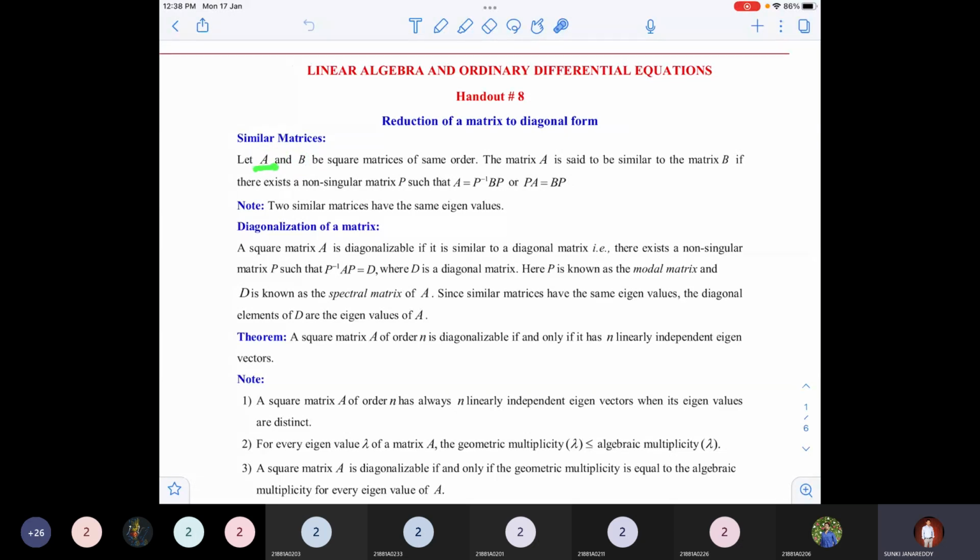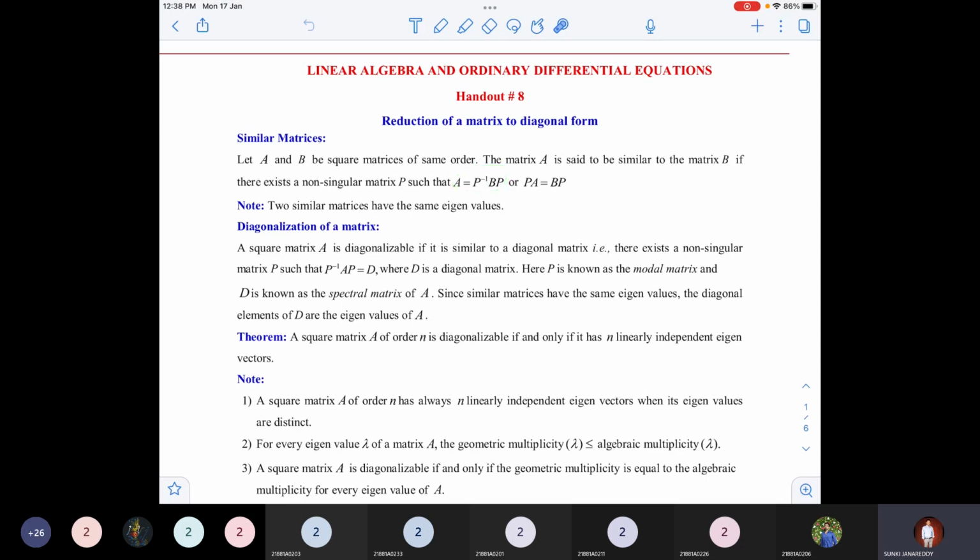Listen to me once again. A and B are two square matrices of the same order. The matrix A is said to be similar to the matrix B if there exists a non-singular matrix P such that A = P inverse BP. What is P?